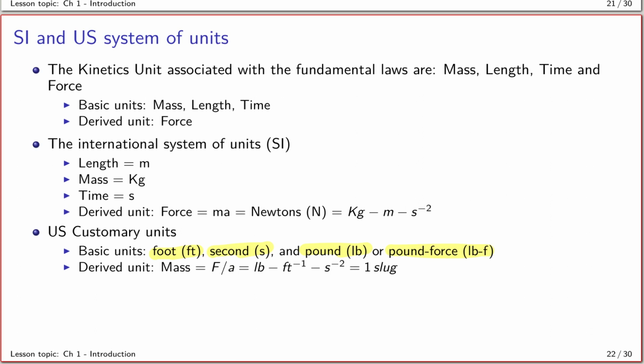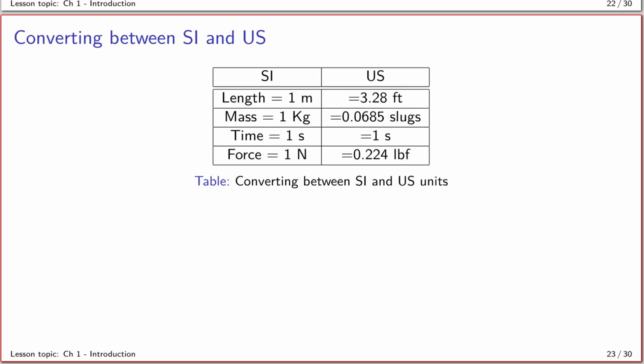So in the US units, the derived unit is the mass, and it is force over acceleration, and it's given by pound per feet per second squared, and this is also commonly known as 1 slug. Okay. Now for you, you need to be just familiar in terms of converting from one unit to another.